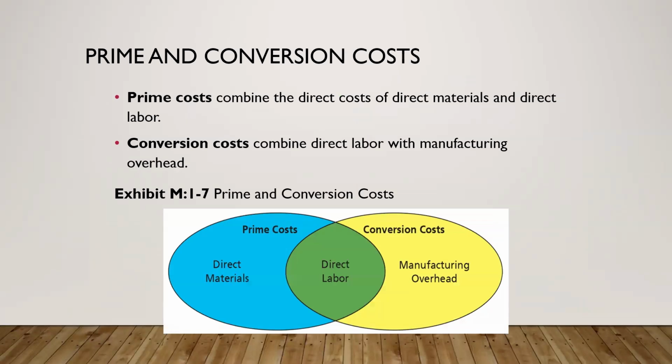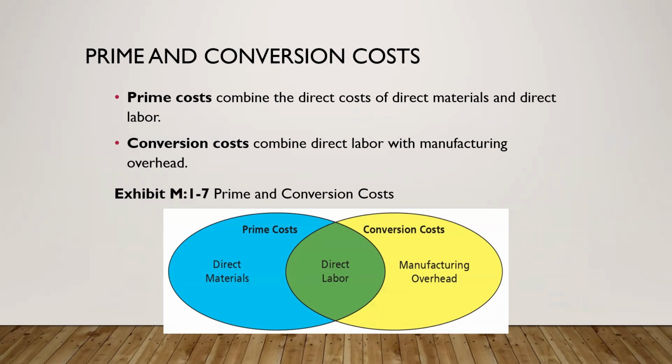Prime and conversion costs. Prime costs combine the direct costs of direct materials and direct labor. In a manufacturing process that is labor intensive, the direct costs are the primary costs.